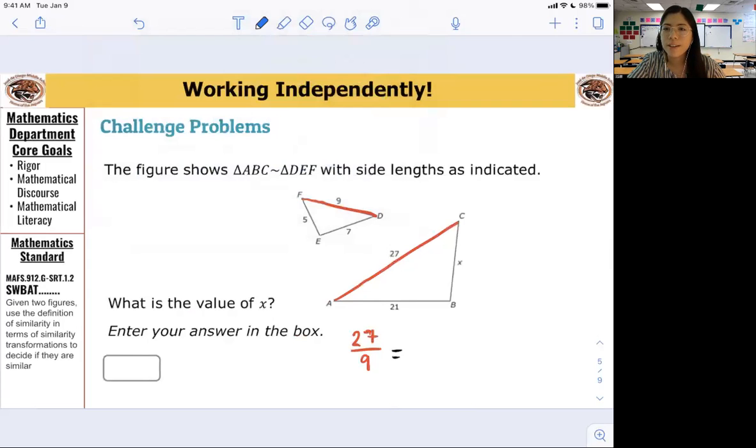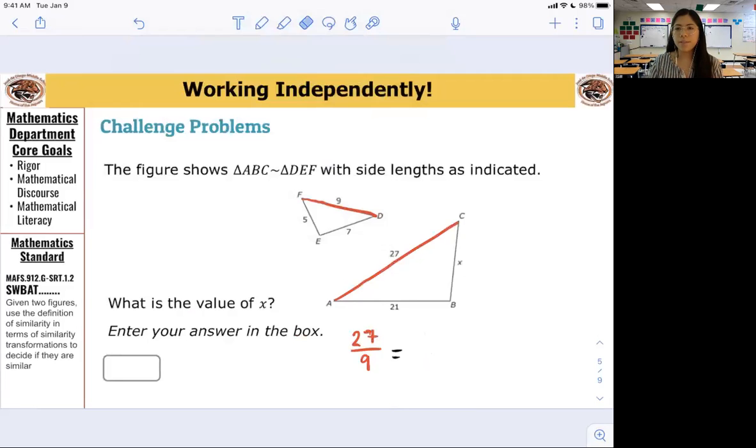What did Janelle say? What Tyrone said? 21 over 7? Now, is that going to help me solve for x though? No, right? So remember, with your proportions, you got to have your variable in there.